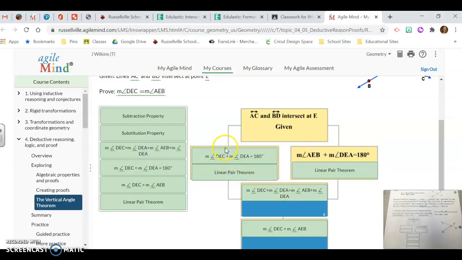Okay, we've got this right here, and then we've substituted that 180 with what 180 equals over here, which is the angle AEB plus the measure of angle DEA. Okay, and that's the substitution property. So what we did is we took the 180 degrees out and we replaced it with what 180 degrees equals, which is this right here.